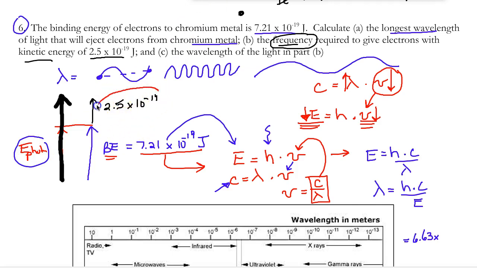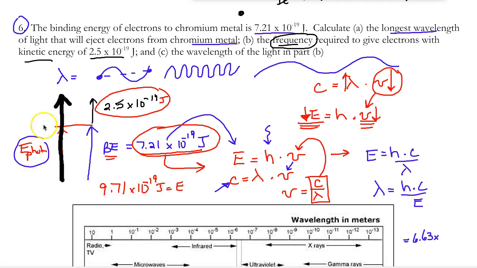When you add 2.5 times 10 to the negative 19 joules to 7.21 times 10 to the negative 19 joules, you get 9.71 times 10 to the negative 19 joules, and that's the energy of the photon. That would be enough energy to kick out the electron and give it this kinetic energy.